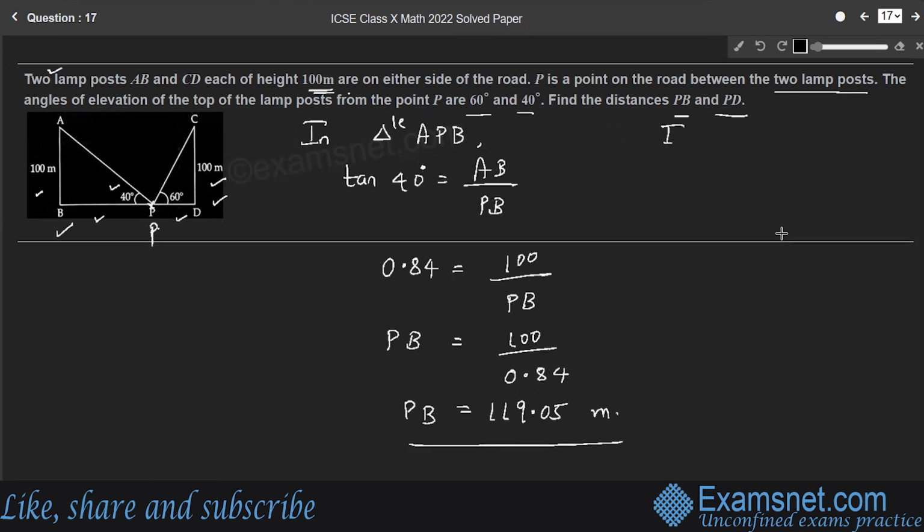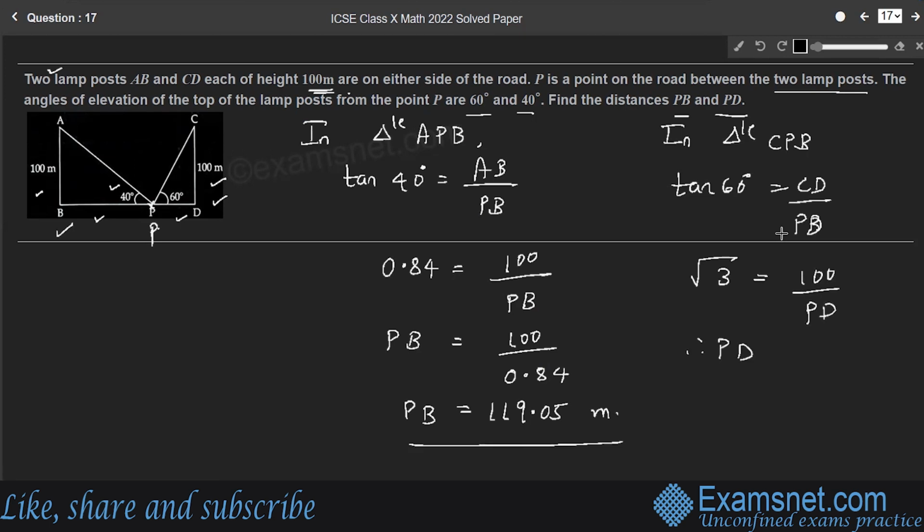Now consider another triangle, triangle CPD. Tan 60 is equal to the opposite side CD by the adjacent side PD. Tan 60 is √3, CD is 100, and PD we need to calculate.